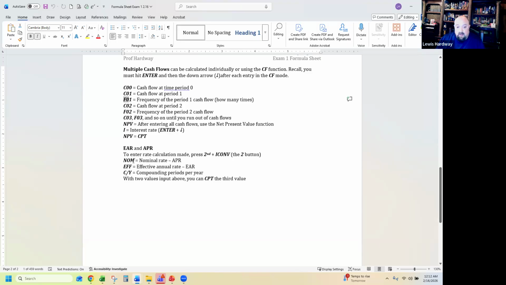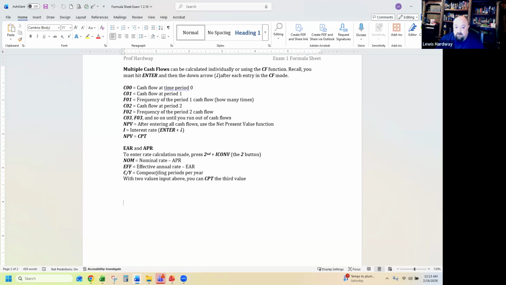When you hit that button, it's going to give you the nominal, NOM, the effective, EFF, and the compounding periods per year, C/Y. As long as you have 2 of them, you can compute the third. So if it gives you a nominal and the compounding periods, you can put in those 2, go to EFF and press compute, and it will give you the effective rate. You use the up and down arrows to move between them.